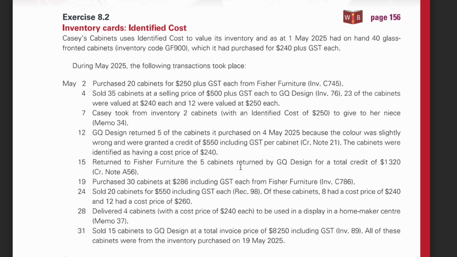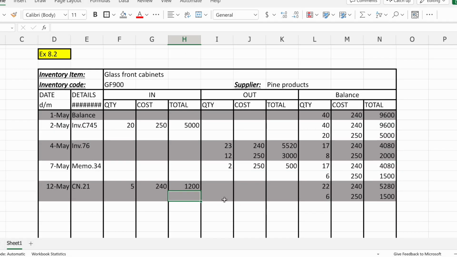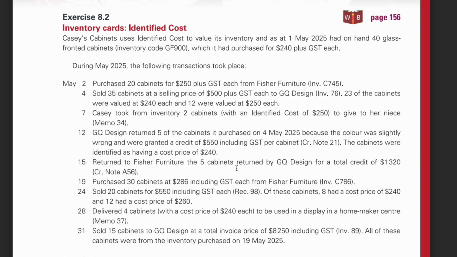Before it was a sales return because we sold it and GQ Design returned it to us, but now we are returning it to Fisher Furniture. When we return something, it goes out of the business. So I'll quickly put the date and then the source stock. It's credit note A56.